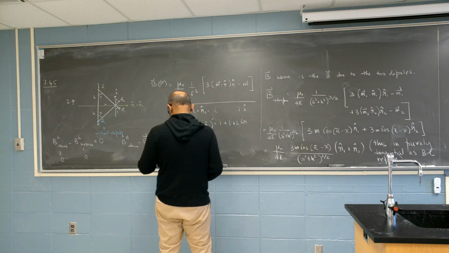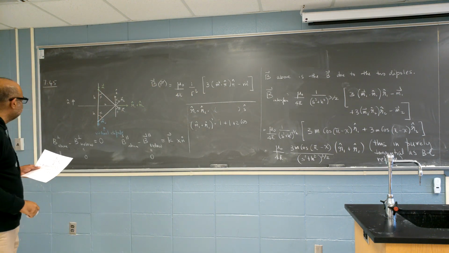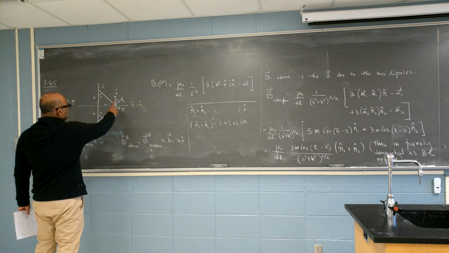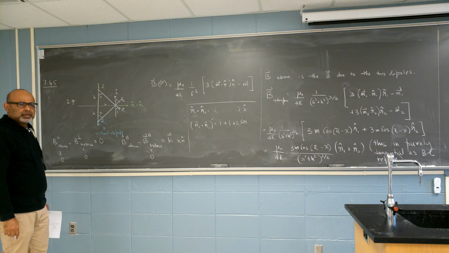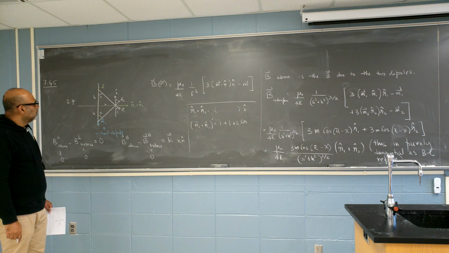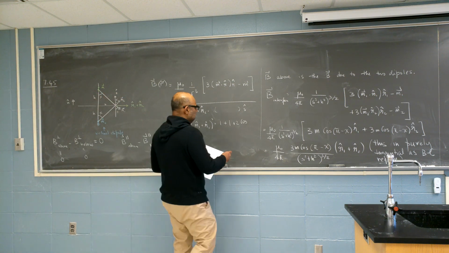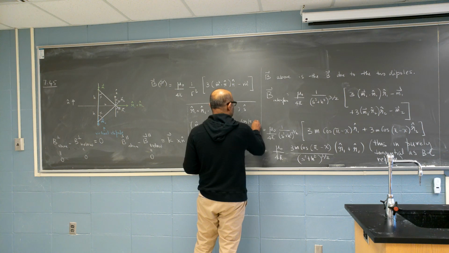Cosine of what? Isn't it 2 chi? Or are they 90 degrees? They're not 90 degrees, obviously not. So it is pi minus 2 chi. Maybe that's what it is. Pi minus 2 chi.